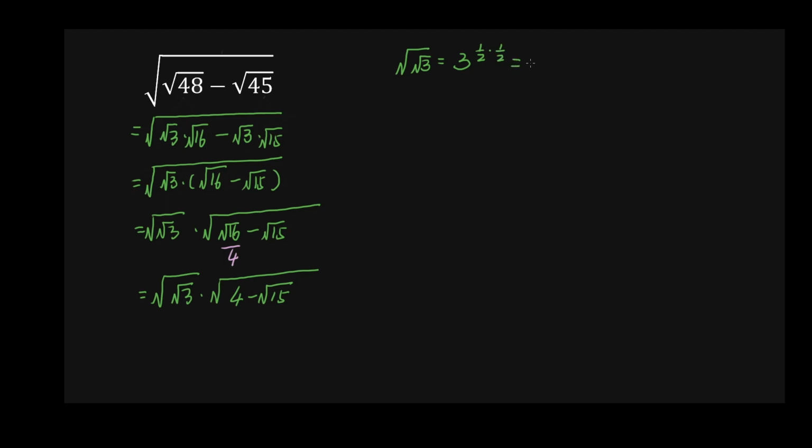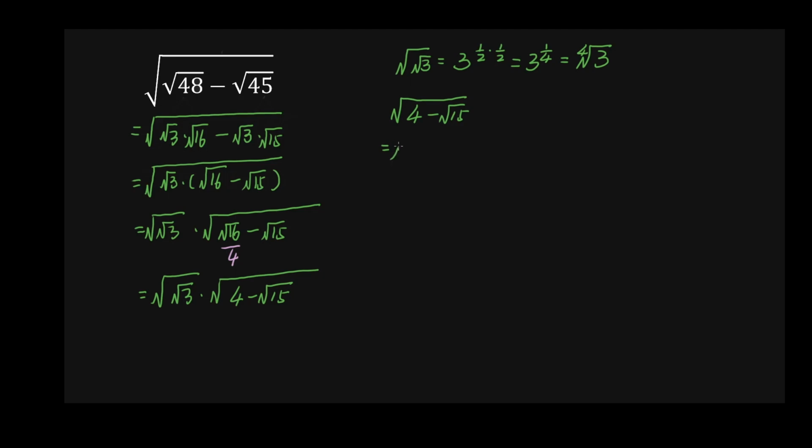And this is 3 to the power of 1 over 4. That is the fourth root of 3. And this part, we can do it, the square root of 4 minus square root 15.